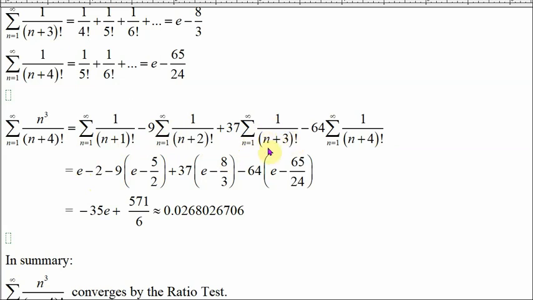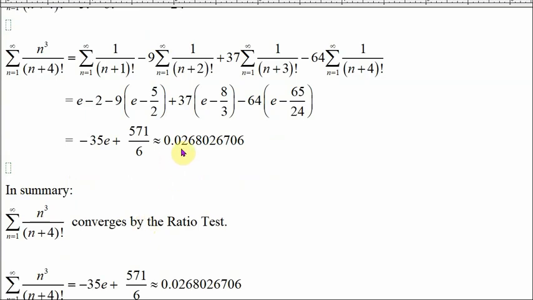The series with 1 over n plus 3 factorial is e minus 8/3. And the series with 1 over n plus 4 factorial is e minus 65 over 24. And then simplify everything, and we get negative 35e plus 571 over 6, which is approximately 0.268.